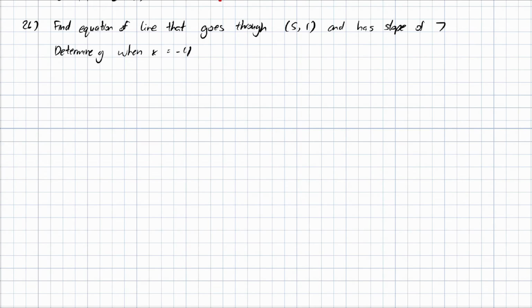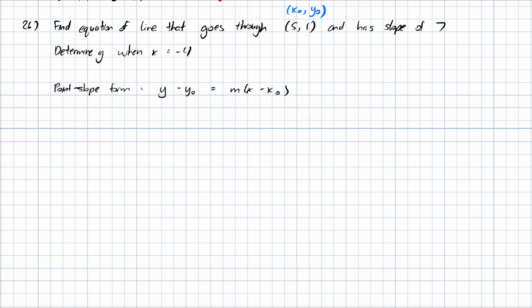Now remember point slope form. This is y minus y naught equals m times x minus x naught. So this is my x naught y naught, right? And you simply plug it in.